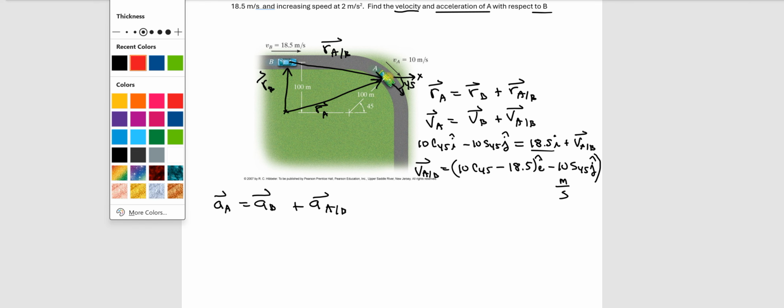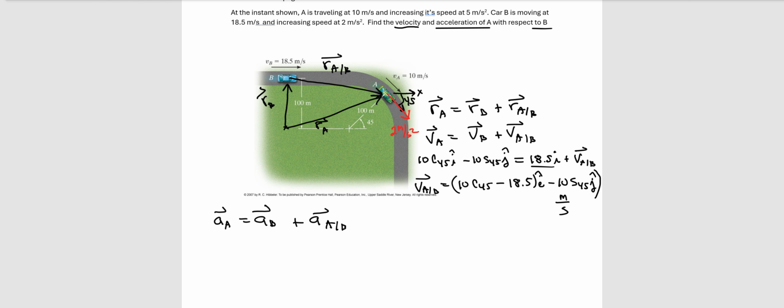I'll draw them individually. One, it has a tangential acceleration. Car A is traveling at 10 meters per second and its speed is supposed to be increasing at 5 meters per second squared. My bad, this is supposed to be a 5 here.